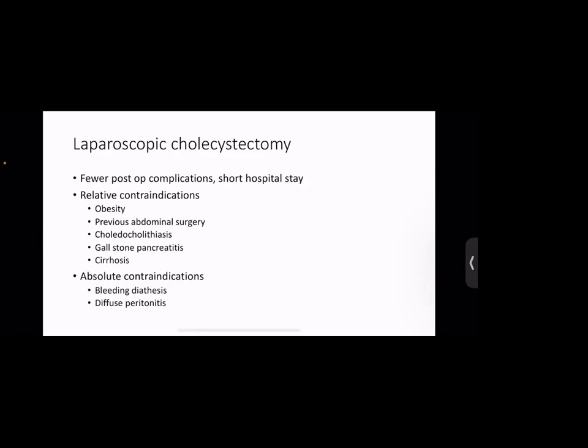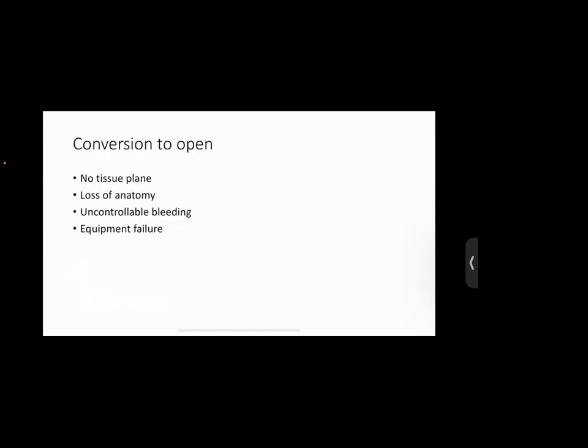Contraindications to laparoscopic cholecystectomy: choledocholithiasis is a relative contraindication, gallstone pancreatitis, cirrhosis. Then the absolute contraindications of laparoscopic cholecystectomy include bleeding diathesis, diffuse peritonitis, amongst others.